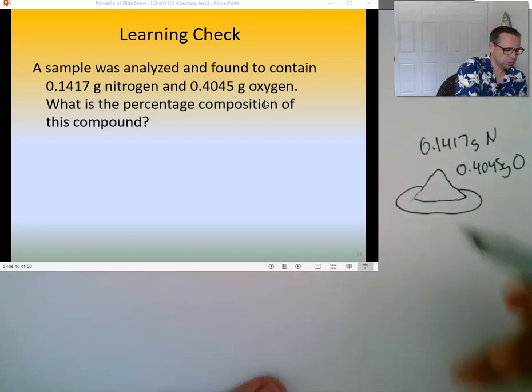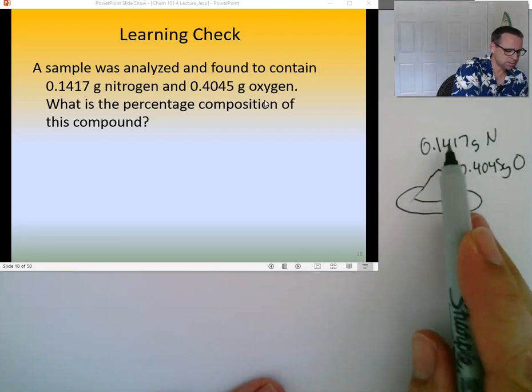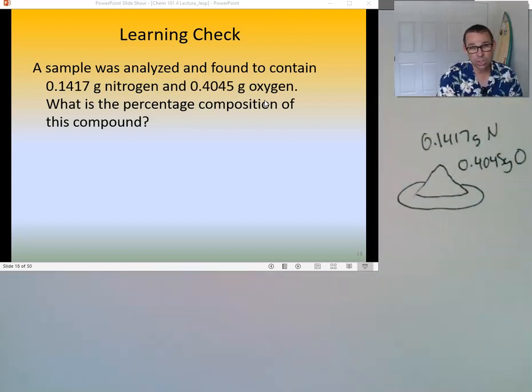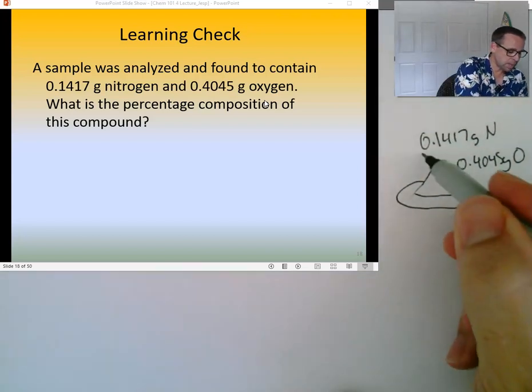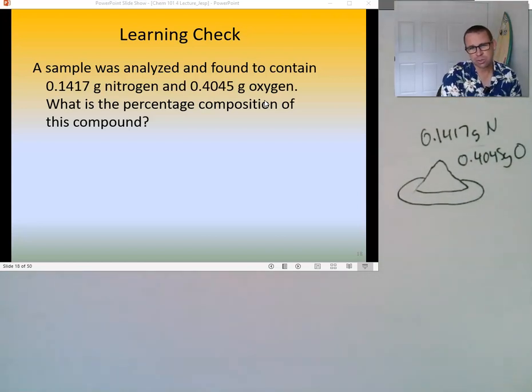The total mass of this material is the sum of those two. So if I want to know what percentage of this material is nitrogen, I can just take the mass of the nitrogen and divide it by the total mass, which is the sum of the two. Did you understand that time?